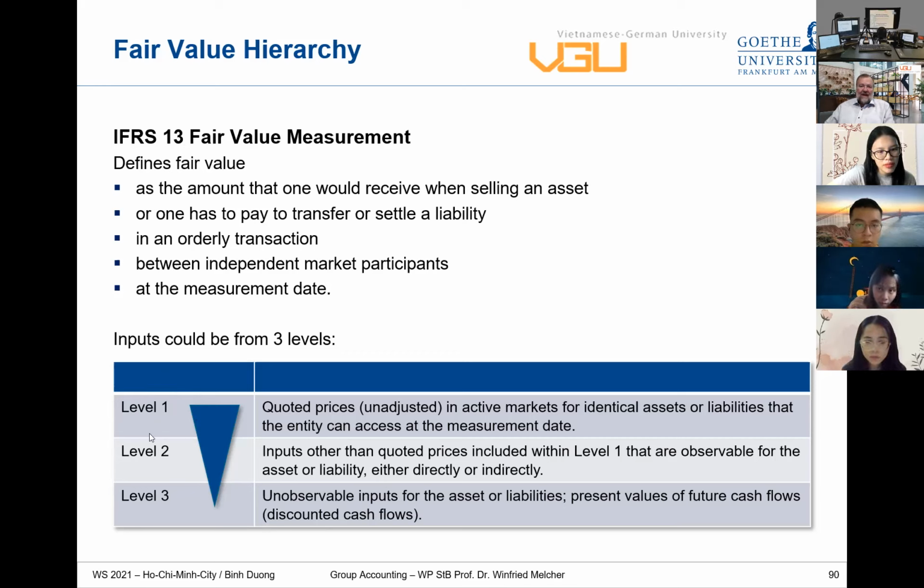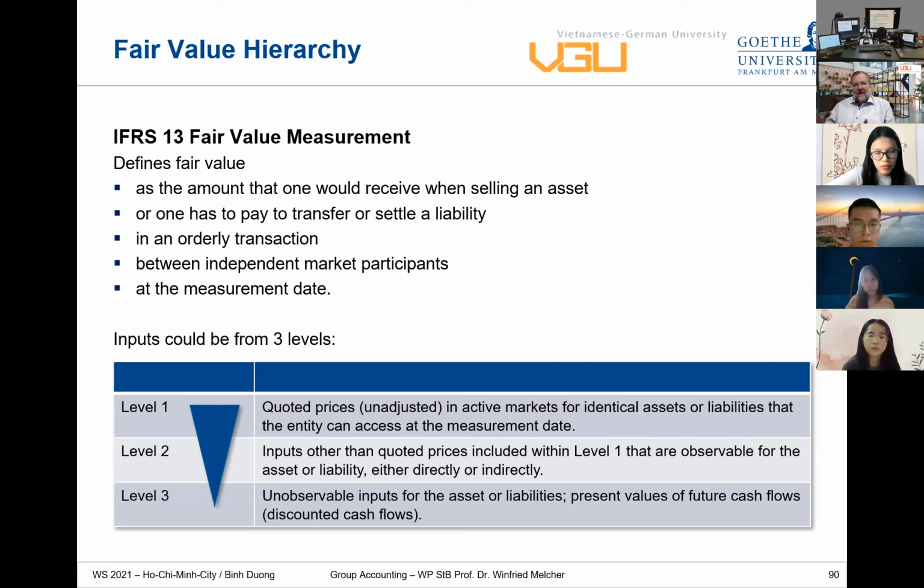So it's quite strong. But level 3 is something that you should be really cautious with. And in practice, that is often used by companies because you don't have quoted prices for all the assets they have. So they will use discounted cash flows, and that will often be a discussion with A, the auditor, or B, the authorities that will check whether the financial statements are correct or not.